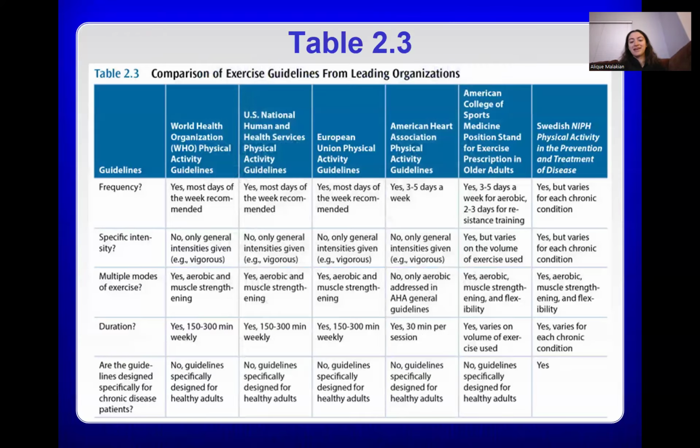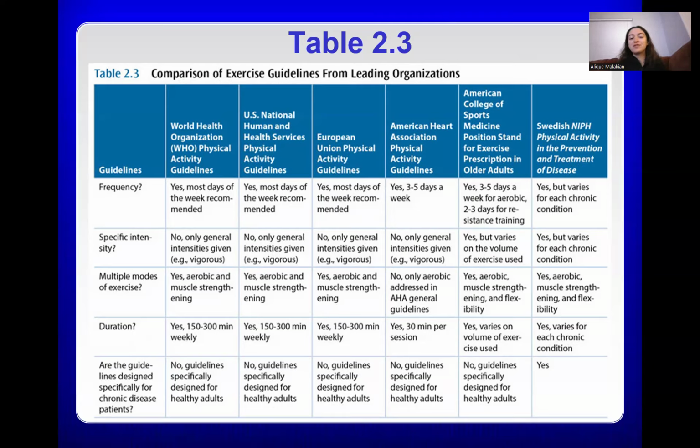Now, this looks like a lot, but following that study, the EU physical activity guidelines were recommended, and they're extremely similar. And here's just a list of a bunch of other guidelines from leading organizations for activity. We're not going to go individually box by box here. It kind of looks like a puzzle of what's different and what isn't.